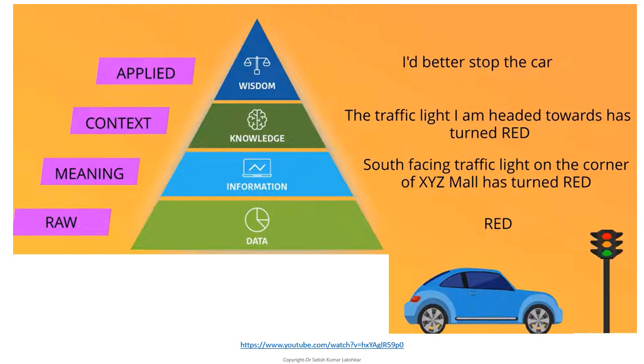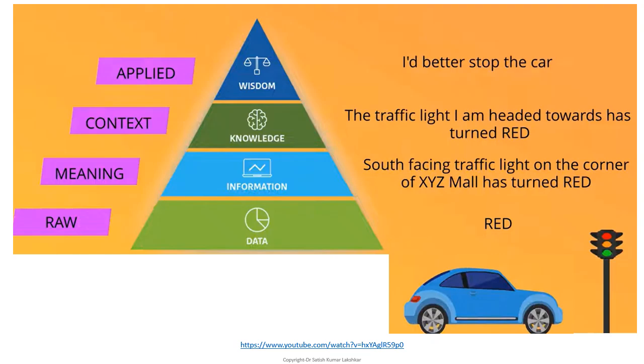For example, the south facing light on the corner of XYZ mall or any building has turned red. So let's say I am traveling and I see a south facing light ahead of me on the road at the traffic signal has turned red.